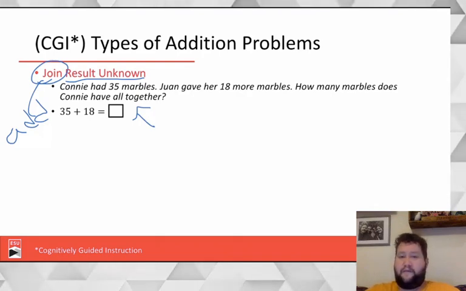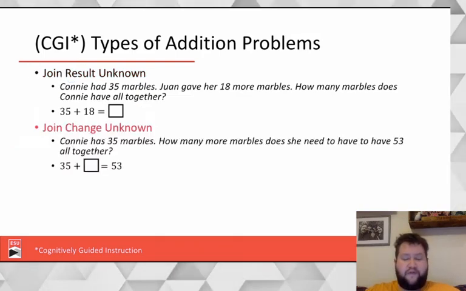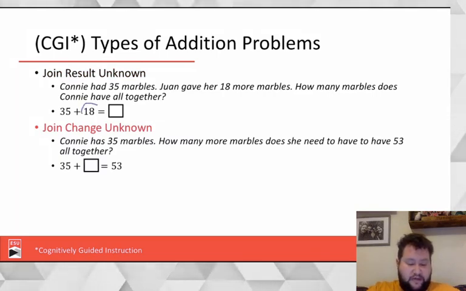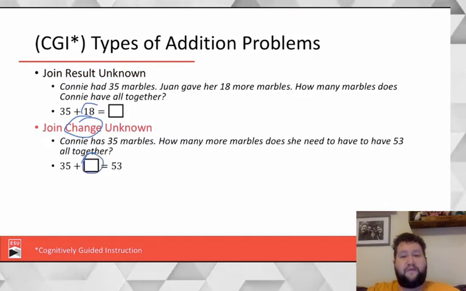Juan gave her 18 more. How many marbles does Connie have altogether? And now contrast that with a join, but not result unknown, but change unknown. She has 35 marbles. How many more marbles does she need to have 53 altogether?